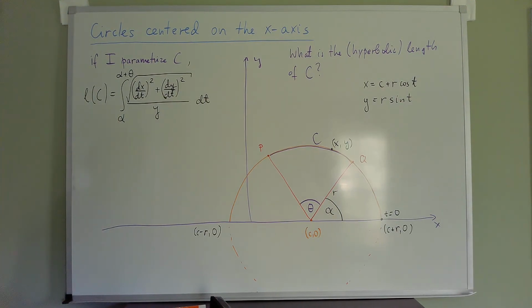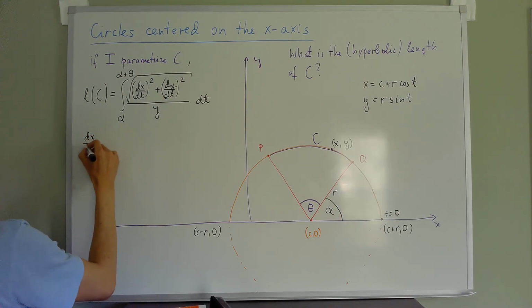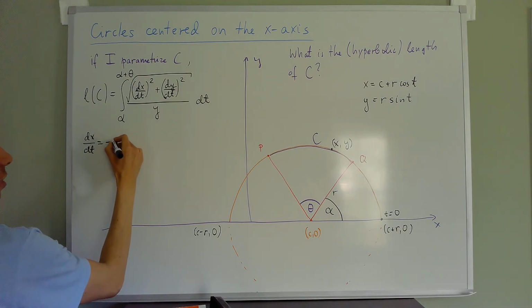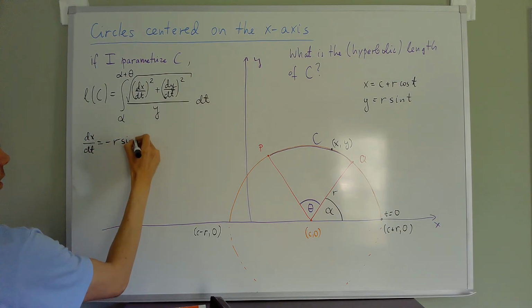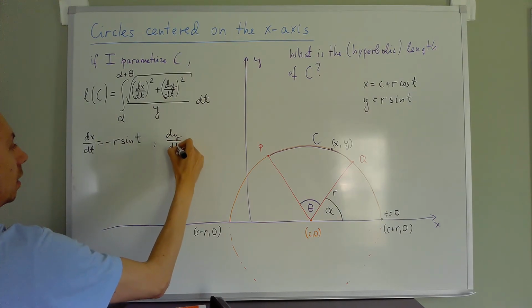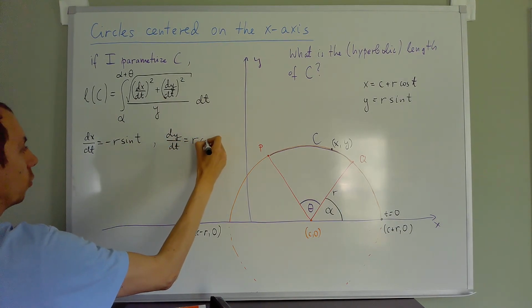Okay, so let's compute it now. So what's dx over dt? That's going to be minus r sine t, and dy over dt, that's going to be r cosine t.